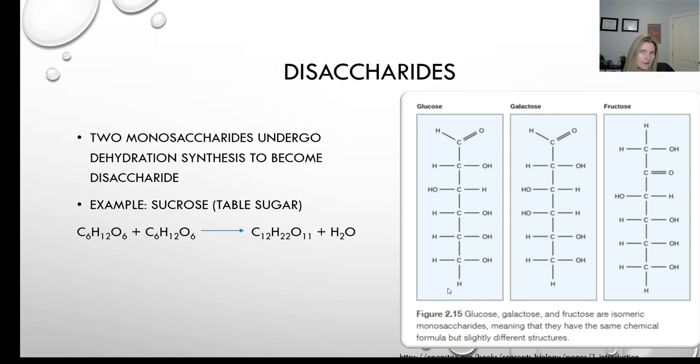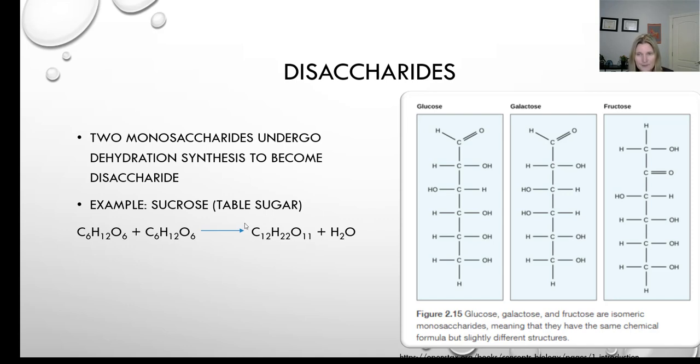It's just a covalent bond that binds these 2 molecules together. In order to do that, a water molecule is going to form by removing an OH from one of the molecules and an H from the other. So if I remove this OH and this H and bring them together, they form water, okay? And then glucose and fructose are brought together with a bond, with that water removed.